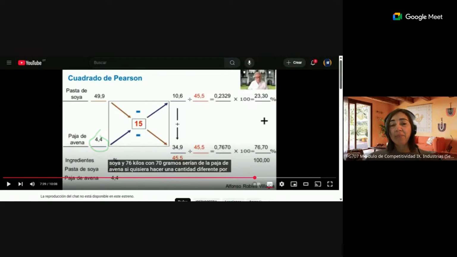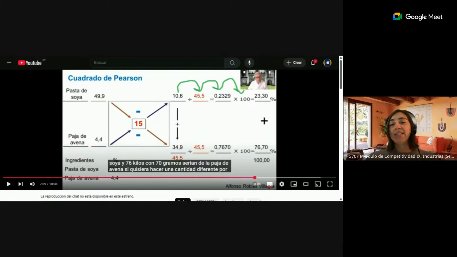The next step is just to subtract across, and we're going to get these numbers, this one and this one. And the next step, we're just going to add these numbers. And with this answer, that is 45.5, we go in here and in here, and we're going to get a division of this number through 45.5, and we multiply that by 100.